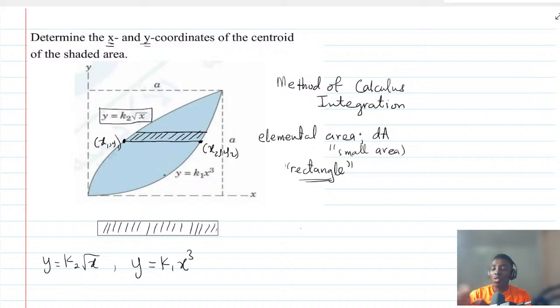Now the enclosure of this curve and this curve will yield an area, and we want to take a portion of that area and do the integration. So what will be the length?